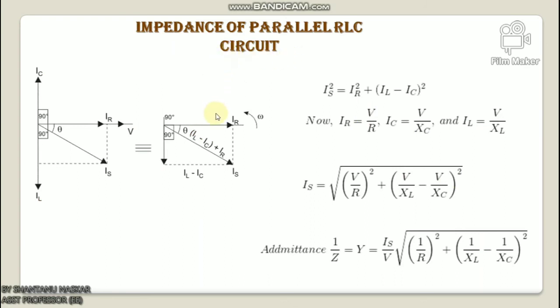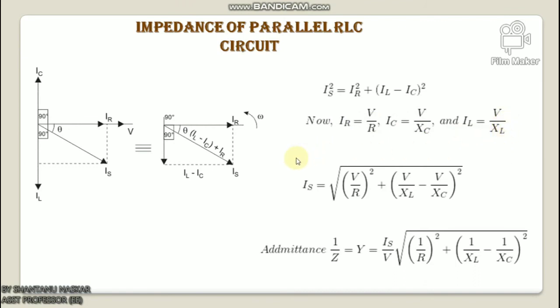Now let us discuss the impedance of parallel RLC circuit. From the phasor diagram, we get Is squared equals IR squared plus (IL minus IC) whole squared. Now IR equals V by R, IC equals V by XC and IL equals V by XL.